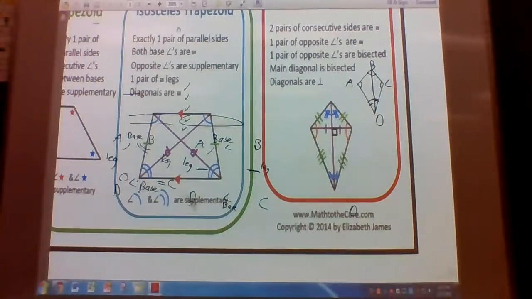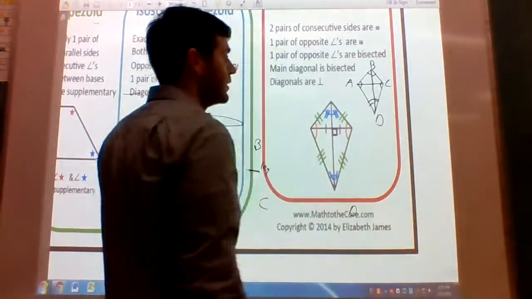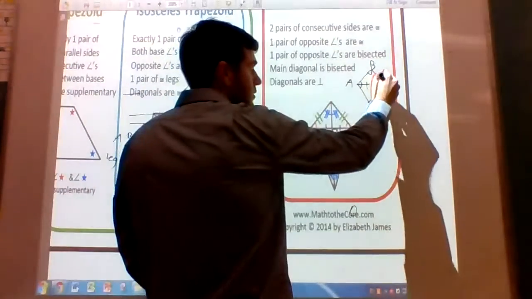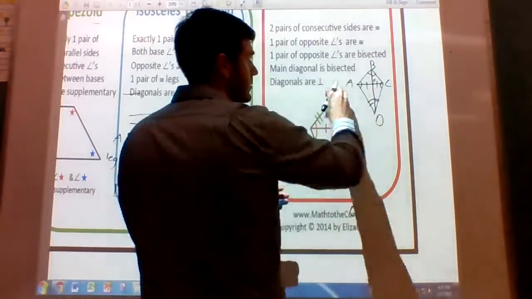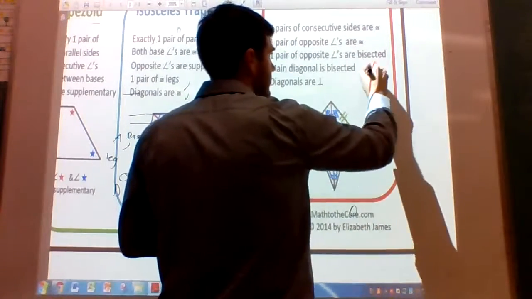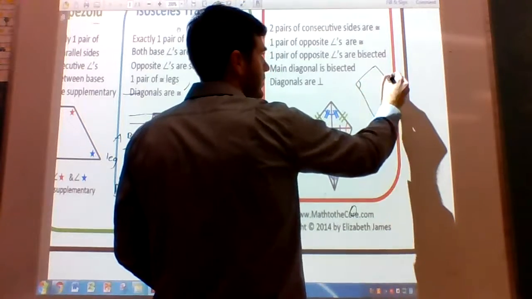Okay. Then the main diagonal is bisected. Okay, so this is our main diagonal. It goes between the two vertices where we had our congruent sides. So it's bisected. So this piece is congruent to this piece. If we had an E here, let me again draw it out individually. Okay. So these are our congruent angles.